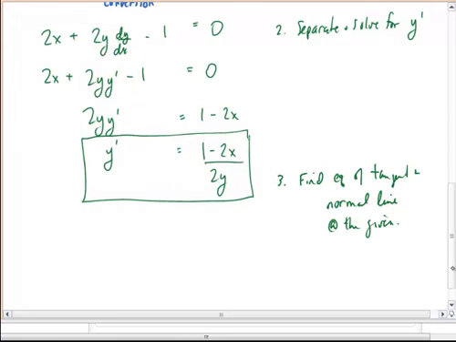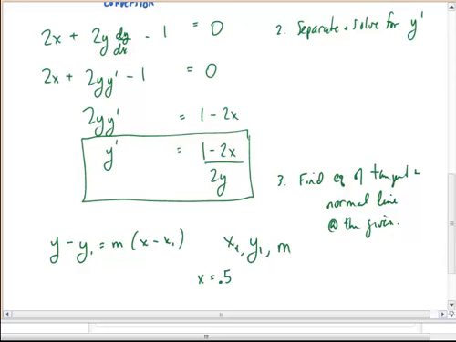Well, now we're back to the same type of problem we've been working on earlier in calculus, which is, for a tangent line, use point slope form. We need an x value, a y value, and the slope to plug into this equation. They gave us the x value to be 0.5.